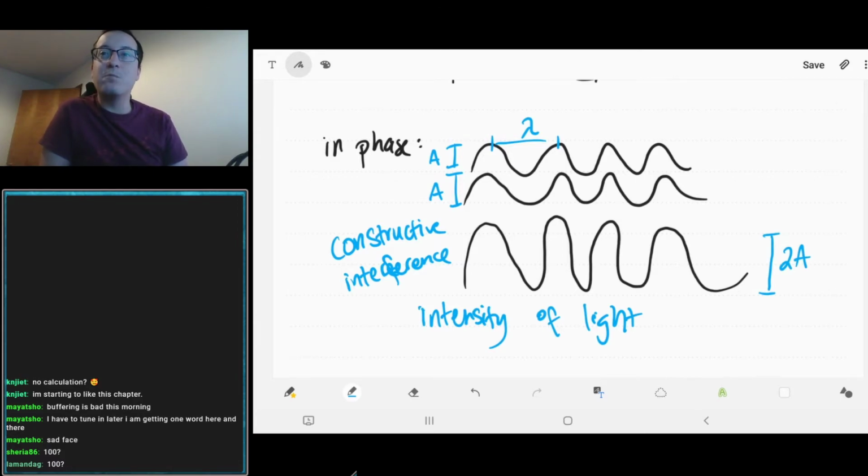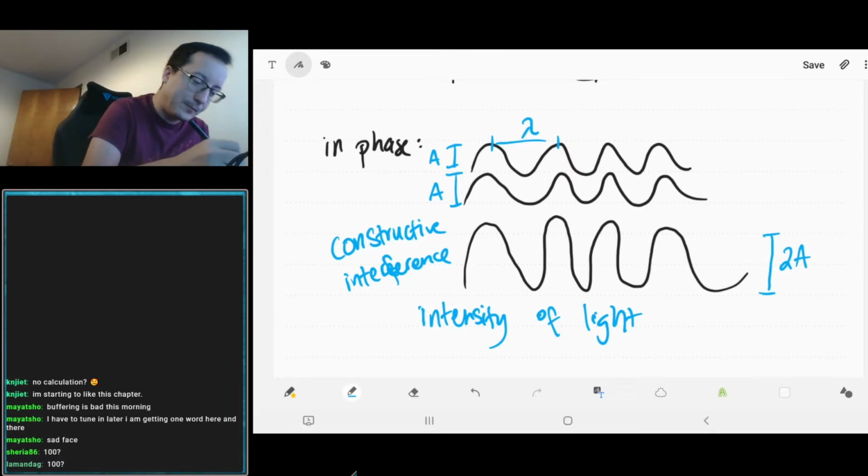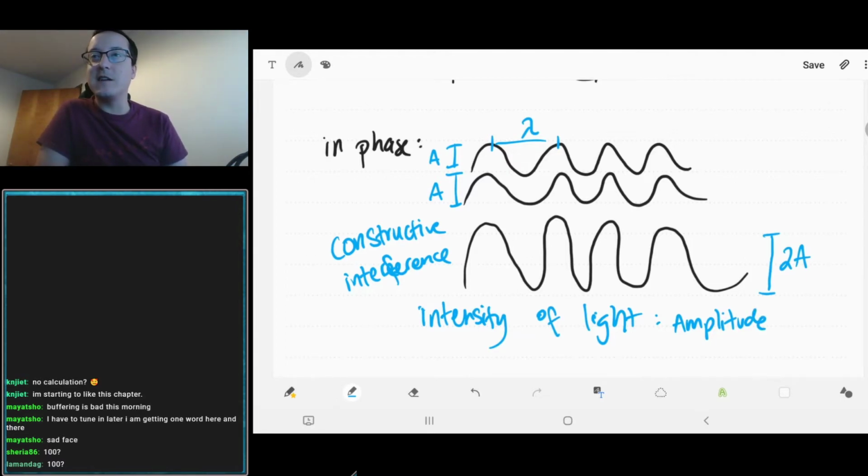The intensity, how bright that orange is, is related to the amplitude. So if you have a lot of waves put together, that amplitude is going to get really big, right? In this case, I've just put two waves together, and we ended up with twice the amplitude. If I put 100 of these waves together, I'll get 100 times the amplitude. That's going to give us more intensity.